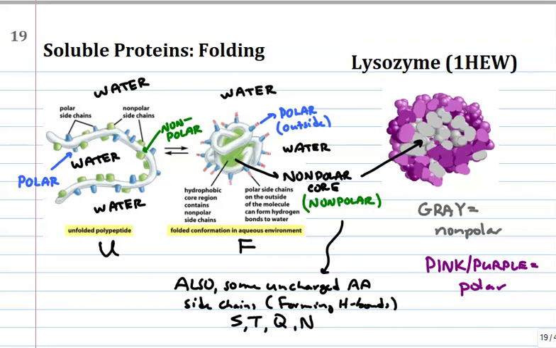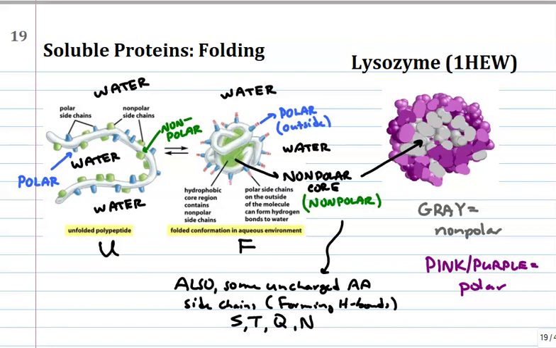And you can see that this image on the right part of this page demonstrates clearly that this soluble protein, when you slice into the center, has a lot of nonpolar amino acids. That is very clear. And most of the polar amino acids are on the outside exposed to water.